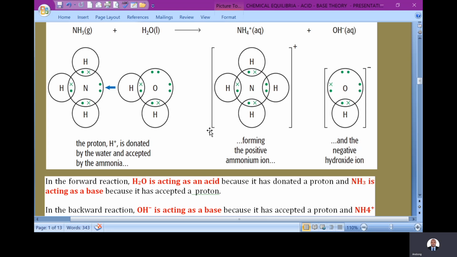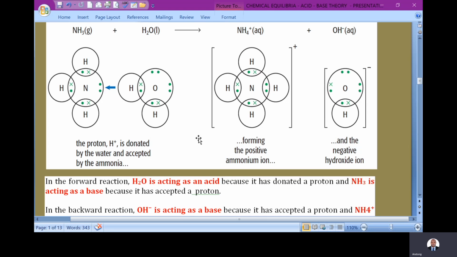In doing that, ammonium and the hydroxide ion are formed. Take into consideration that every acid has a conjugate base and every base has a conjugate acid. This is a base. And what is a conjugate? What do we understand by a conjugate?